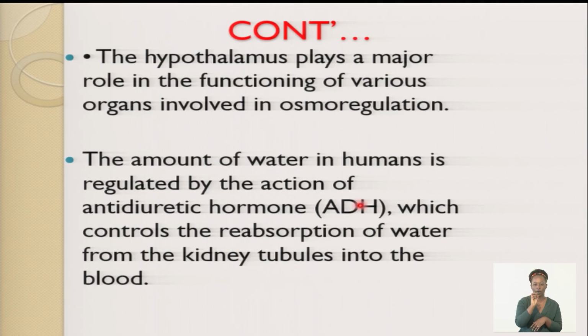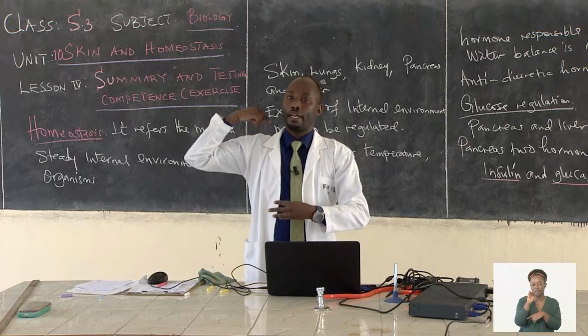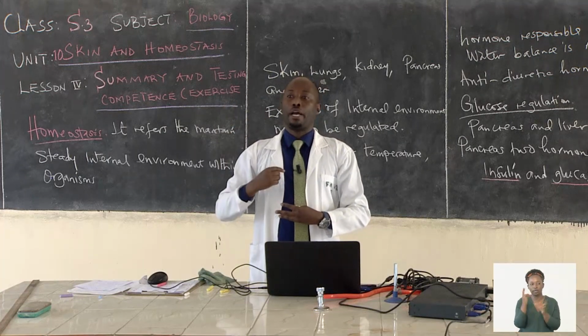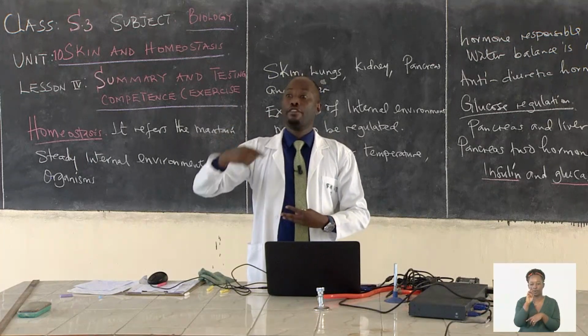ADH is one of the hormones produced by the pituitary gland, sometimes referred to as the master gland, which controls the reabsorption of water from the kidney tubules into the blood. So reabsorption of water by the kidney is normally stimulated by the hormone called ADH, which informs the nephron.